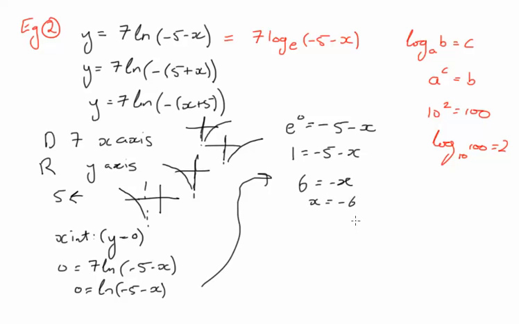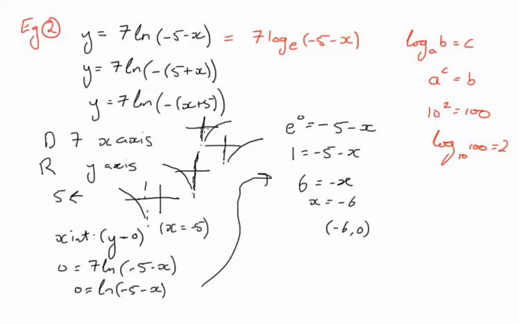Beautiful. We've got our x-intercept, negative 6, 0. And we know our asymptote has been translated 5 units to the left, so the asymptote is the line x equals negative 5.